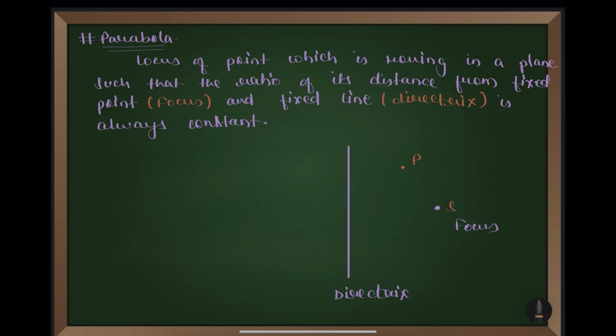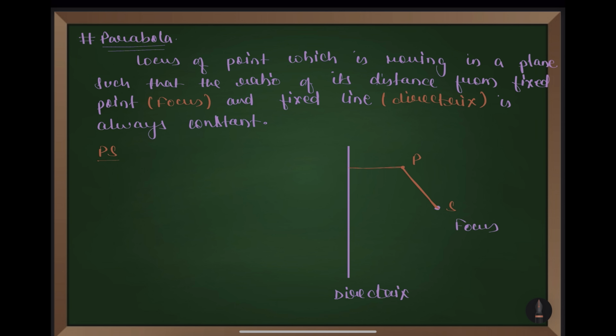So now try to connect with the definition. The locus of a point which is moving in a plane such that the ratio of its distance from the fixed point. So first you have to give priority to this fixed point, means the distance between point P and point S. So first is PS and then the fixed line.